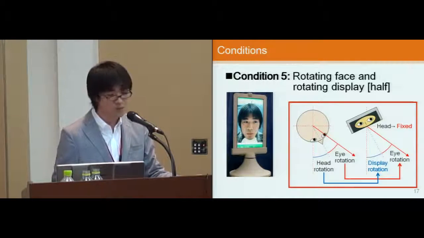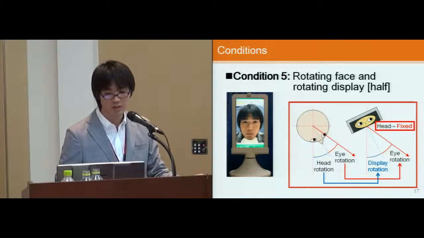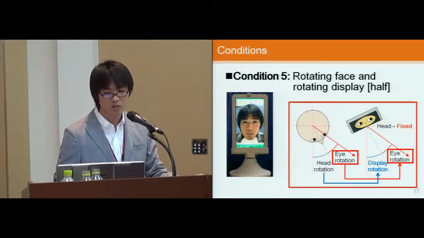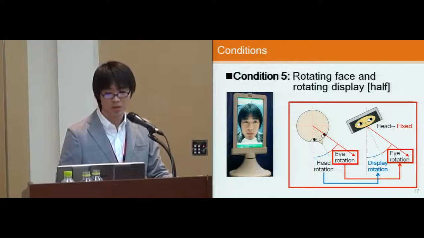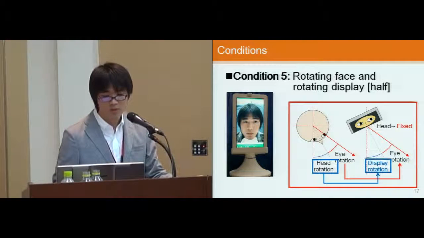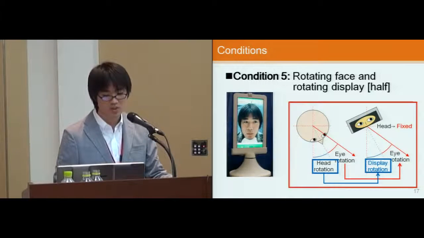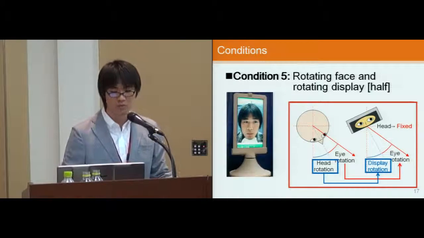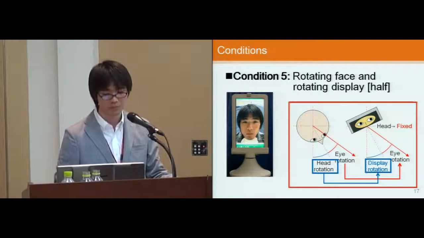In condition 5, the head was also fixed. The eyes of the face image were rotated according to the head-eye coordination ratio. Instead of head rotation, the display was rotated according to the head rotation angle of the head-eye coordination ratio. We included this condition mainly because we wanted to investigate the effect of the looker's eye rotation on the perception of the focus angle.